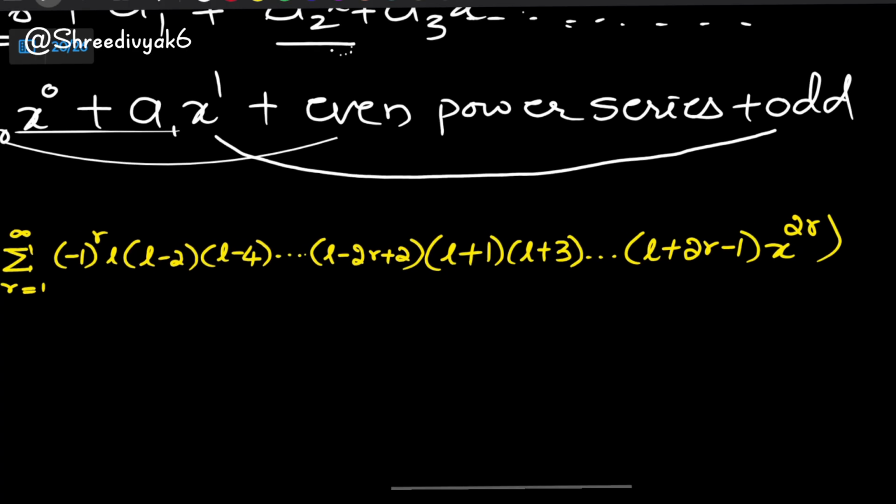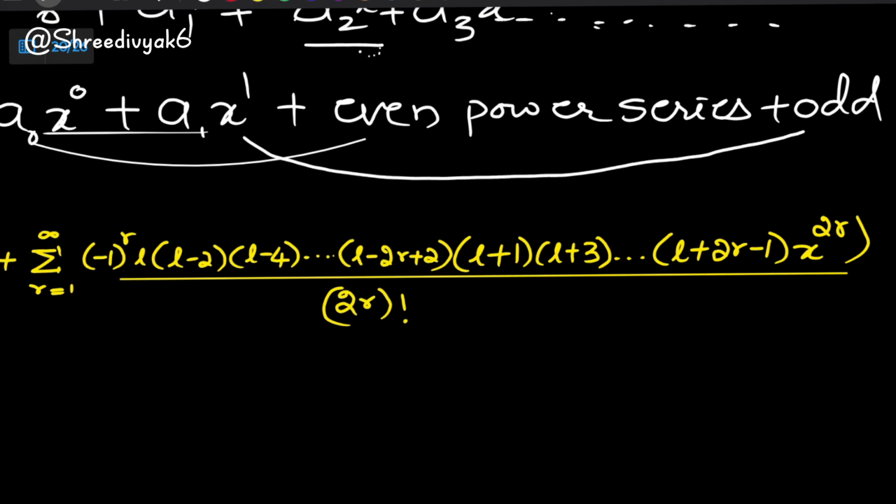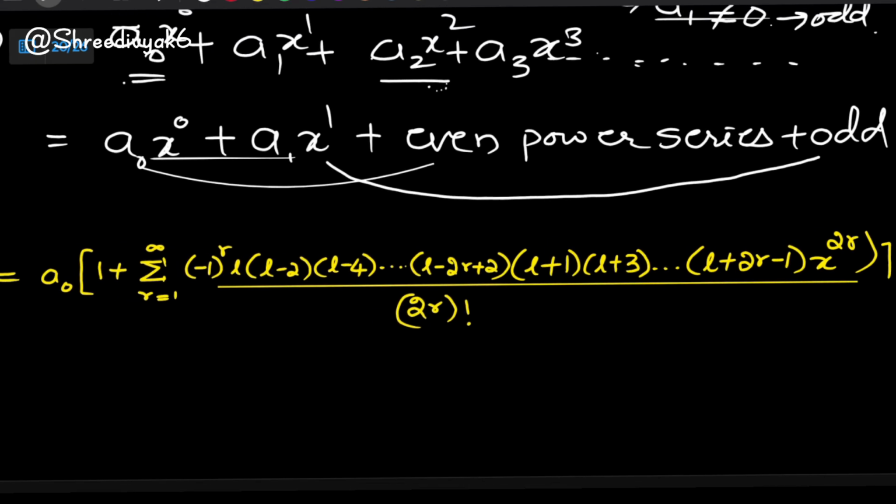The whole thing is divided by 2r factorial, right? So this is my even power series, plus x into a1.